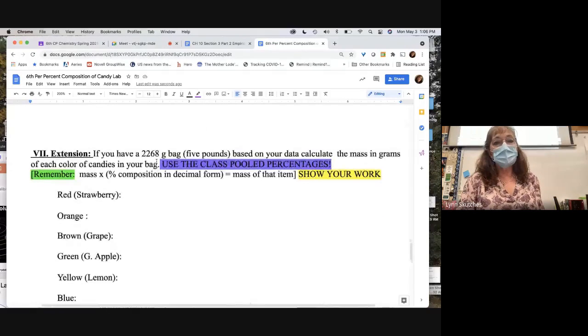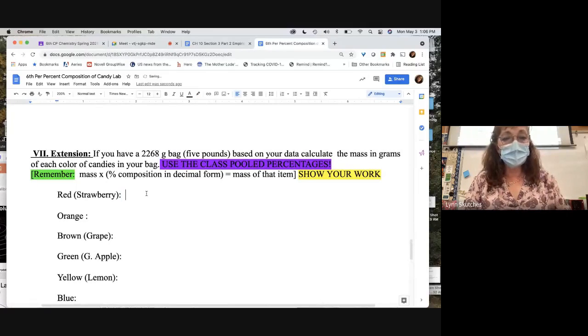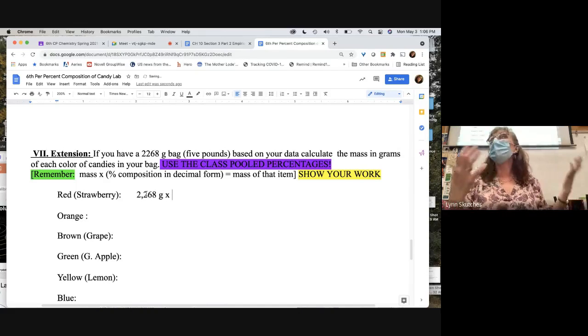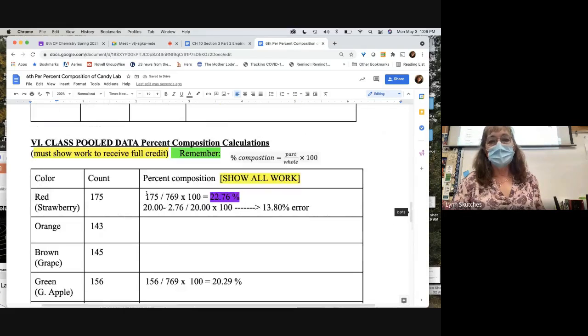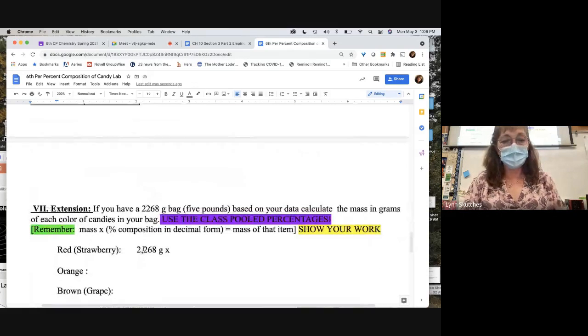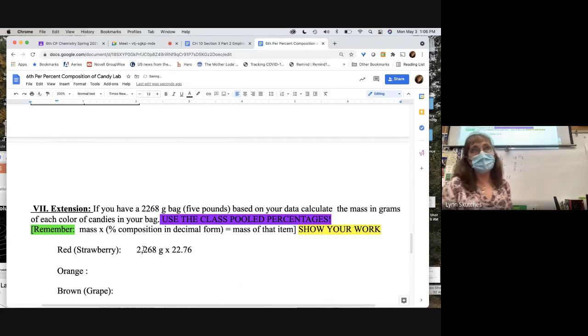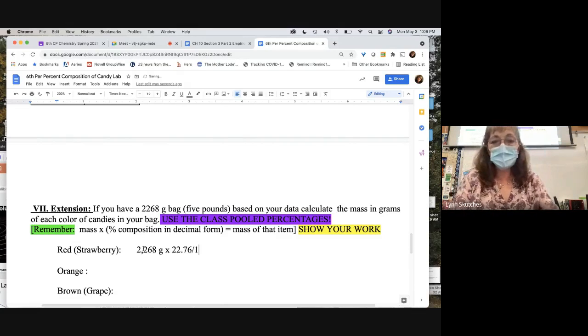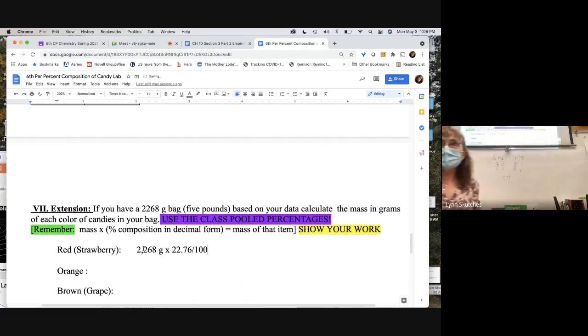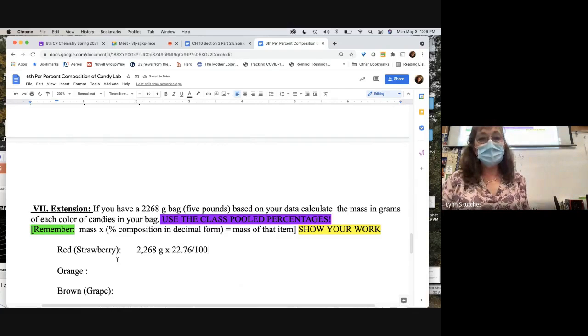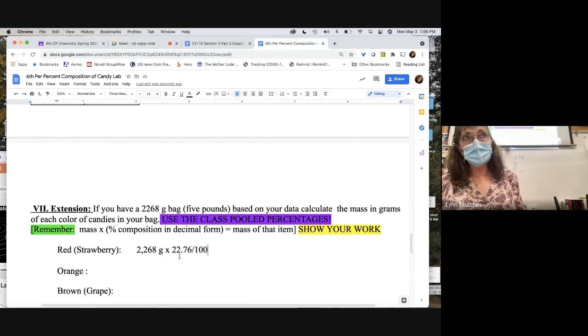So the 2,268 gram bag has, based on our analysis, 22.76% strawberry. But we don't use percent in the calculation. The book tells you to divide it by 100. So you can do that. Multiply the 2,268 times 22.76 and then divide by 100.